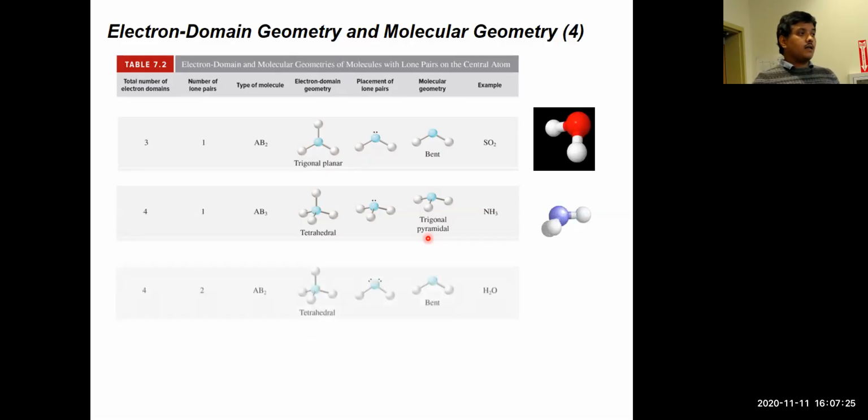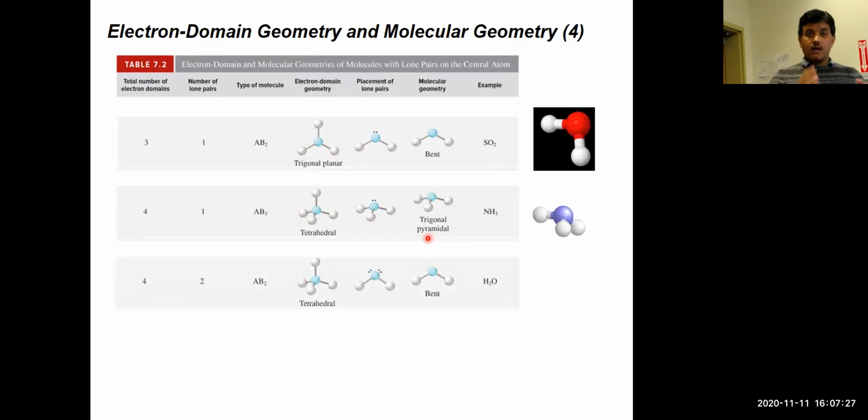All right. Another example, when you have 4 electron domains around a central atom with 2 lone pairs. In that case, the type of molecule you're dealing with is only AB2, but because of the presence of 4 electron domains, the electron domain geometry is tetrahedral.